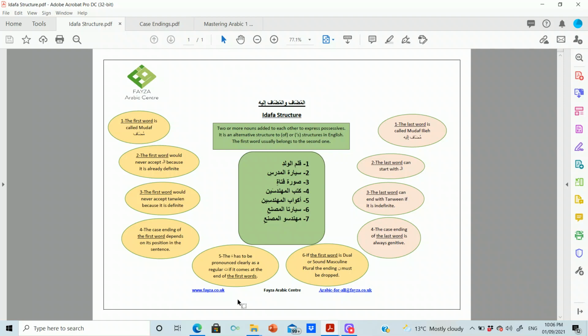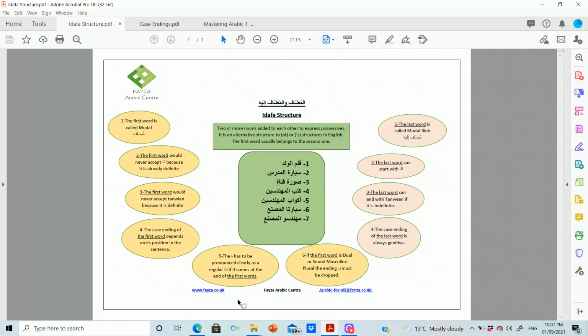Now, the fourth yellow circle, here we're talking about what kind of case ending we should expect the first word to end with. Well, it depends on its position in the sentence, because I might be starting with qalam al-walad jameel.